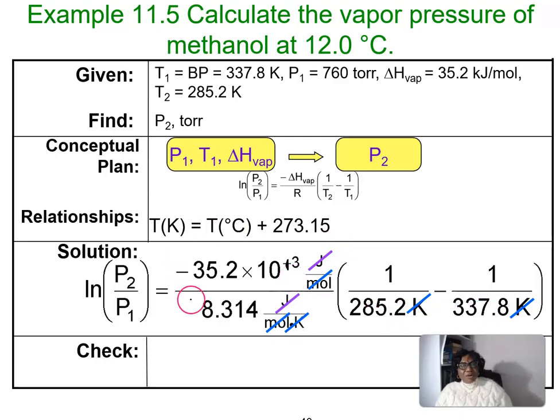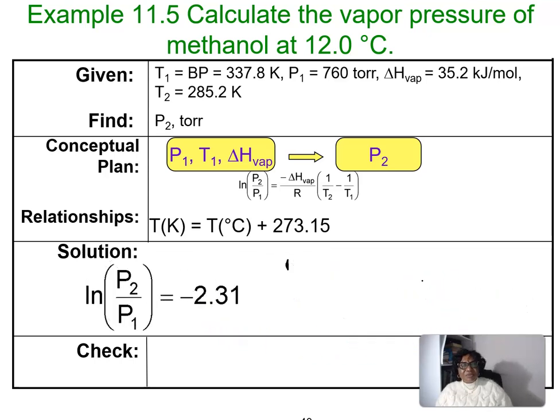When we do all this calculation here, we are going to have ln P2 over P1 equals minus 2.31.